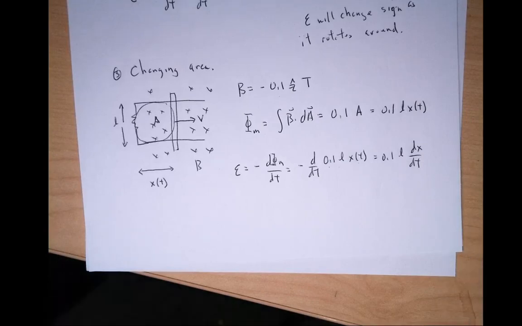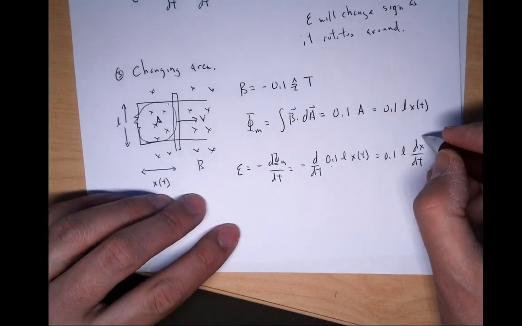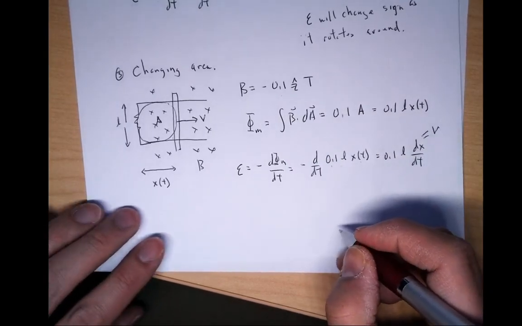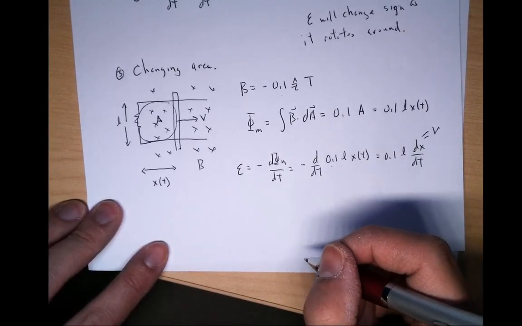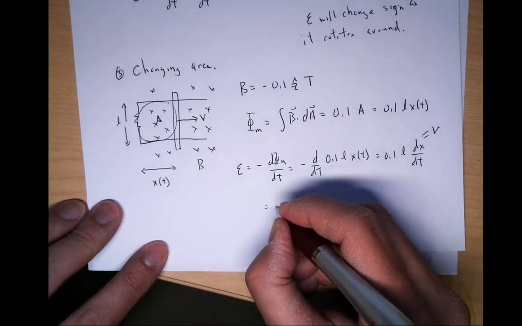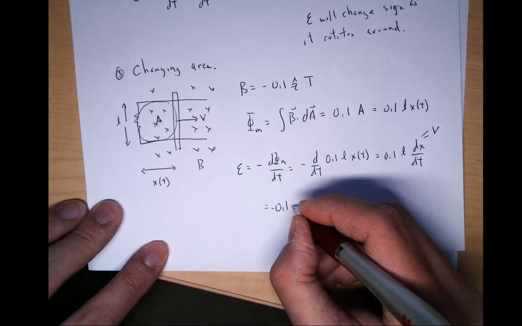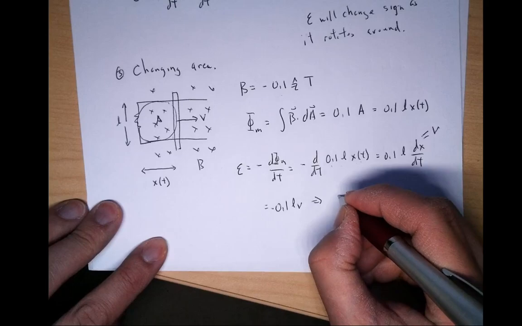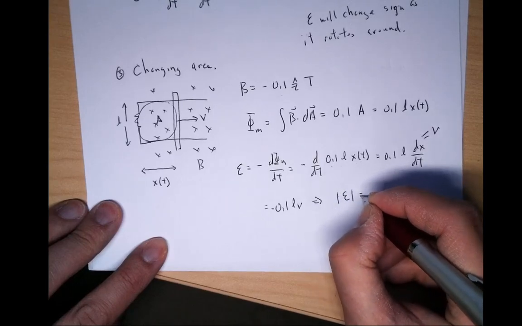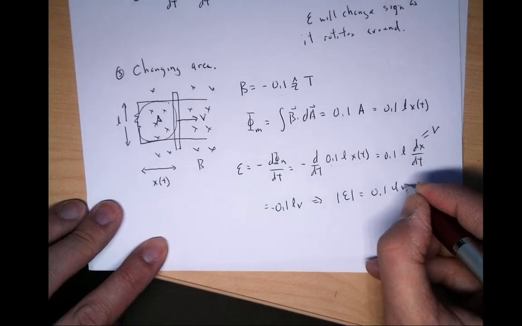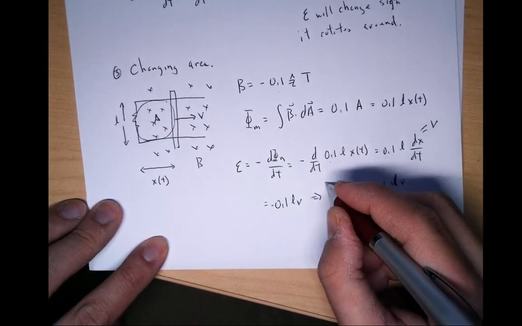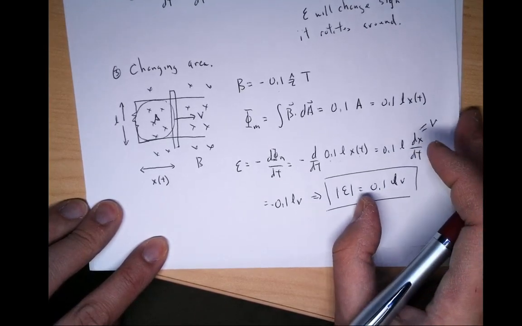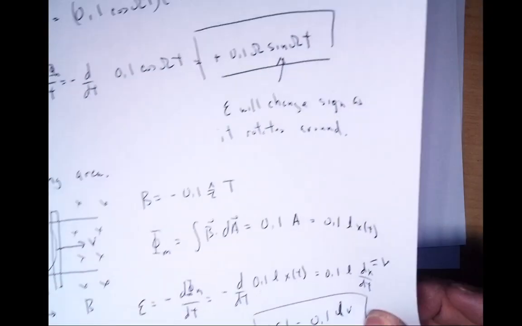And what's dx dt? Well, that's just the velocity v. And so we're left with minus 0.1 lv, or in other words, the absolute value of the EMF is 0.1 lv.